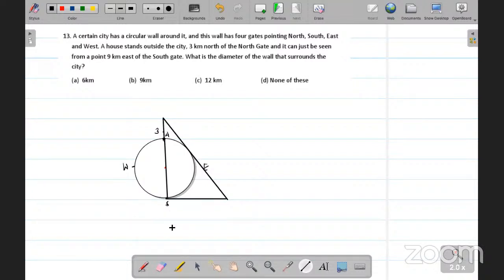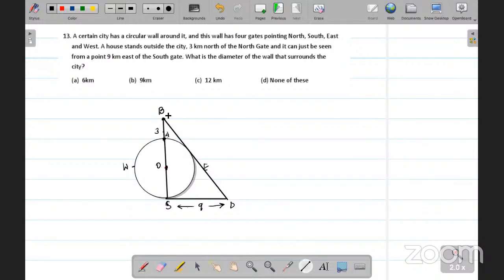So if this is the south gate S, this point, let's call it D, must be 9 kilometers east of the south gate, right? Let this point be B. This is A. And let this be the center of this circle. And you are required to calculate the value of the diameter of the wall.